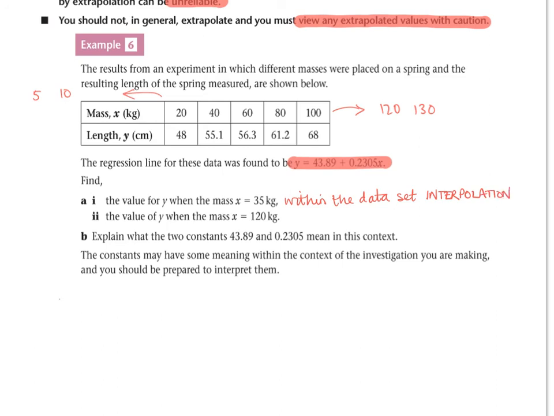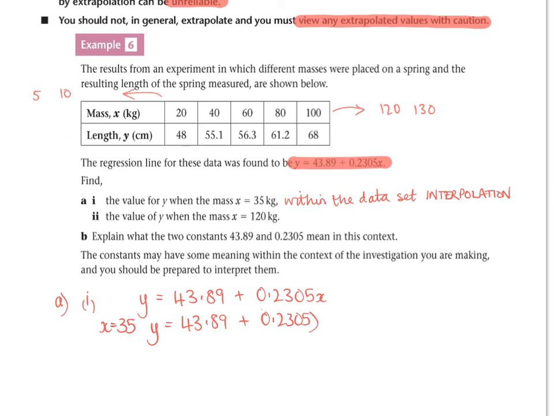So all we need to do there then, so part a(i), is take the regression line, y = 43.89 + 0.2305x, and we know that x is equal to 35, so we can work y out to be 43.89 plus 0.2305 multiplied by 35.